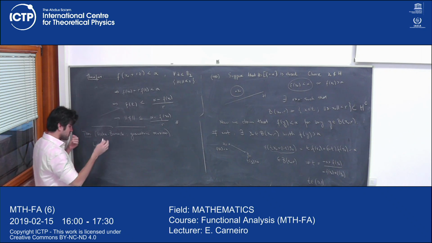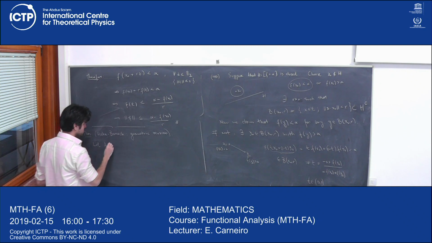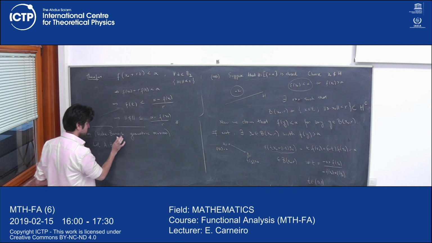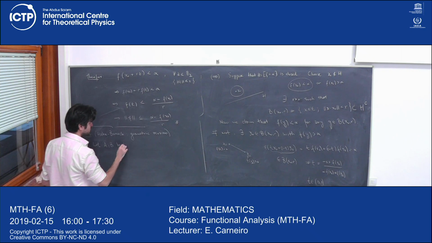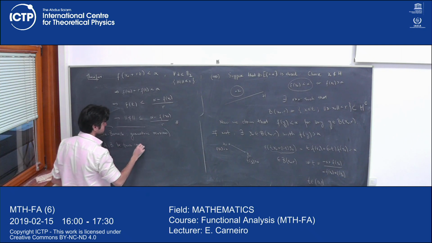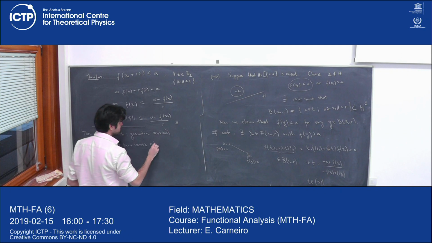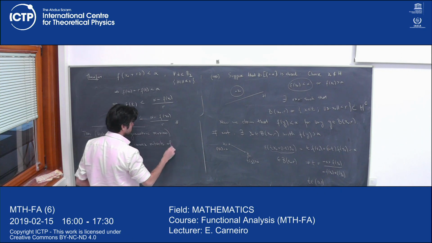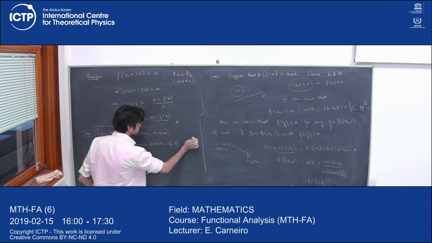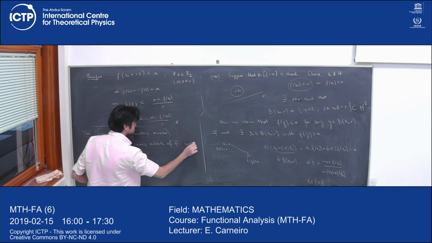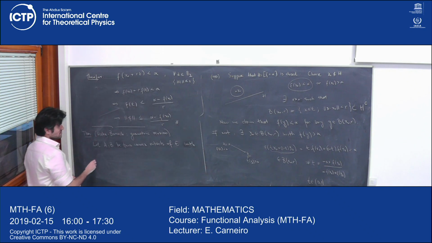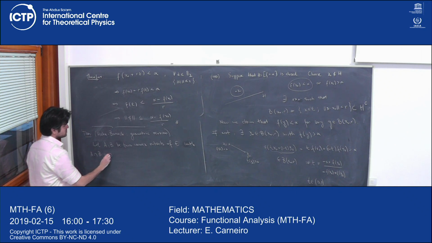Let E be a normed vector space. Let A and B be two convex subsets of E with A intersection B equals the empty set.